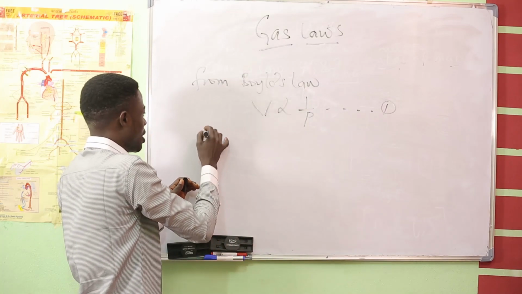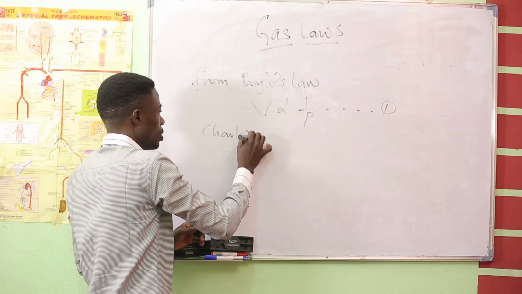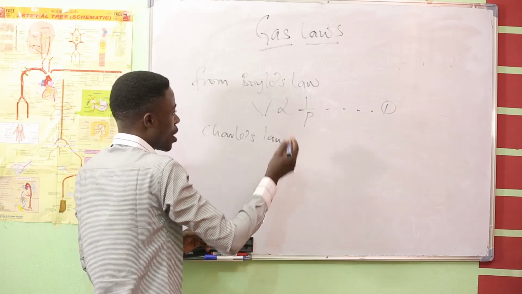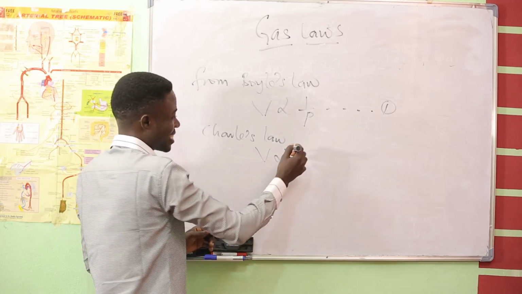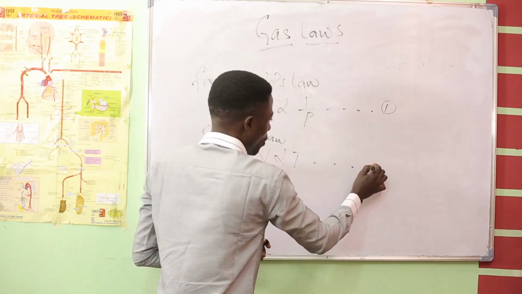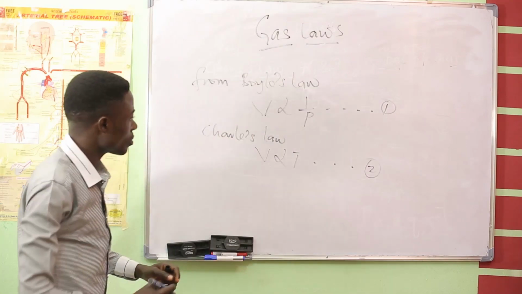Then recall also that from Charles' law, we have V varying directly with T. And I remember we call this equation 2.